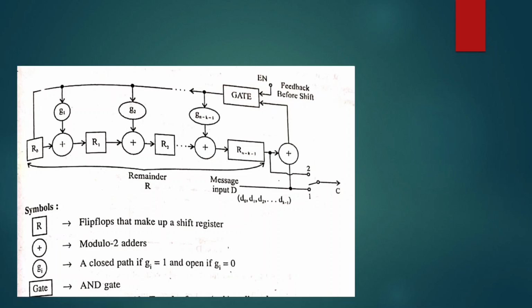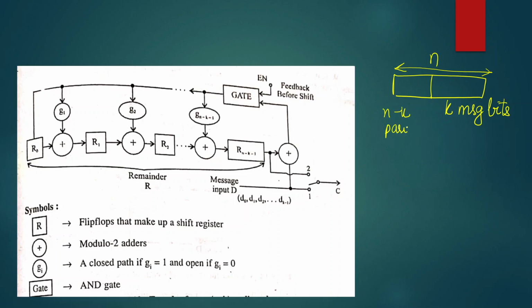That means we are going to generate the code words for the (n, k) cyclic code, where the n bits of the code word will consist of k message bits with n minus k parity bits.